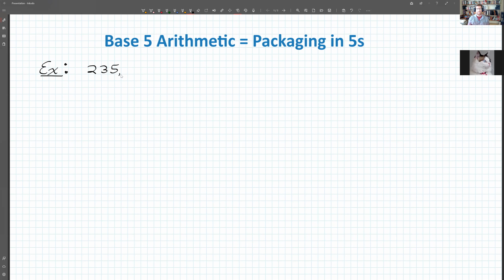And I'm going to write a little 10 down here as a subscript to indicate it is base 10. This is 200 plus 30 plus 5. Or in base representation, this is 2 times 10 squared, plus 3 times 10 to the first, plus 5 times 10 to the 0.